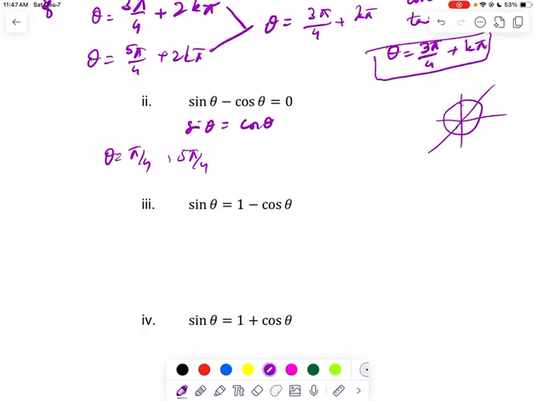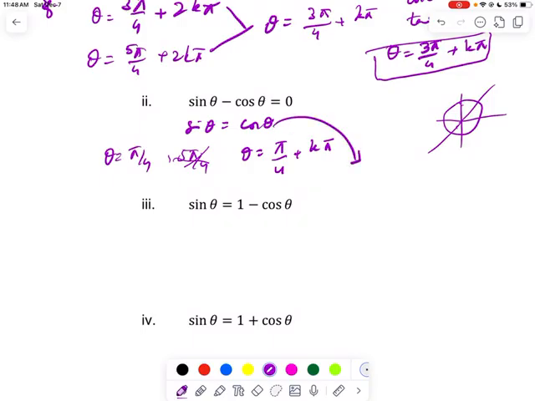So when we write the general solution, we can disregard this answer and say theta is equal to pi over 4 plus k pi, instead of saying plus 2k pi, just k pi. And we can do it the way that I showed you from here.